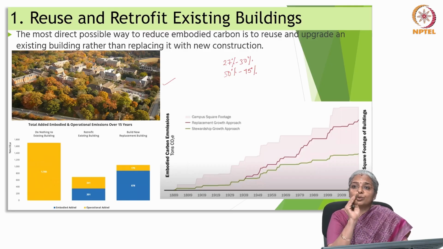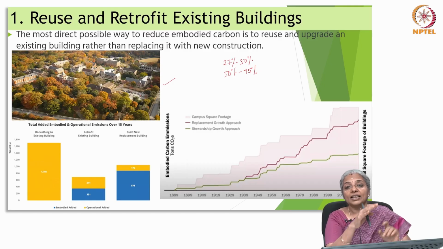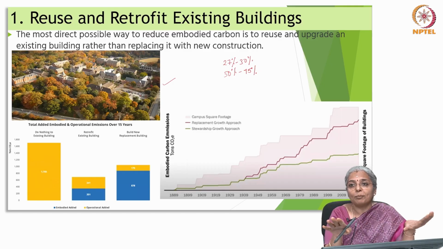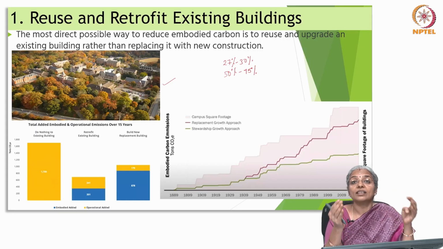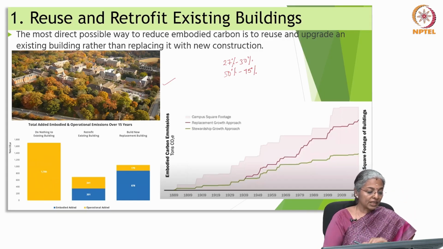But they chose to reuse, repurpose and rehabilitate the buildings. They found that such an approach could save 34,000 metric tons of carbon dioxide equivalent. They found that even if the entire campus was made into a forest or afforested, it would take 400 years to sequester that much carbon.